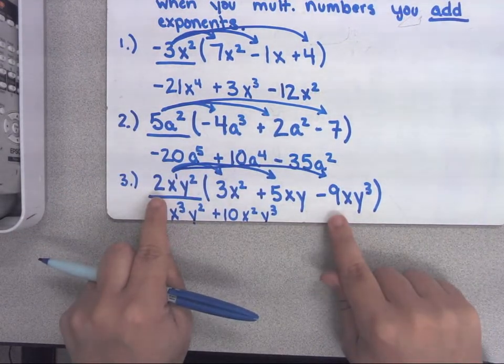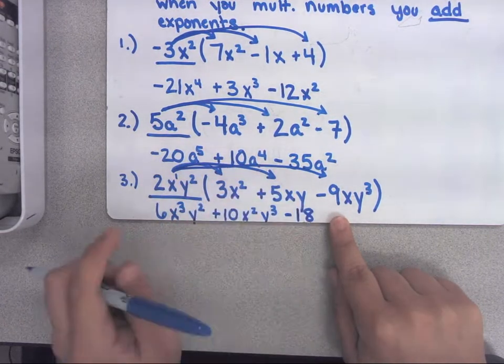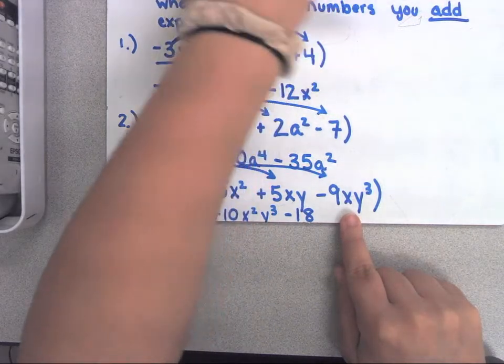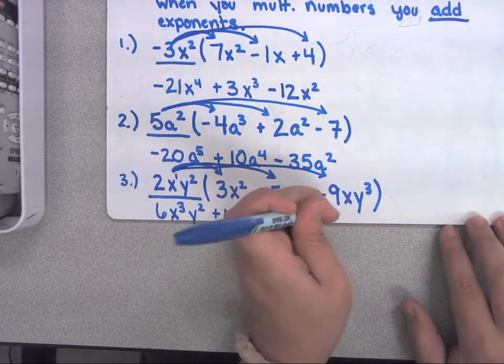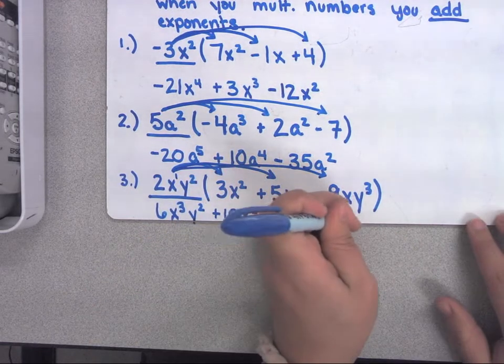2 and negative 9. Negative 18. How many x's now do I have? 2, x to the second. How many y's do we have? 5.